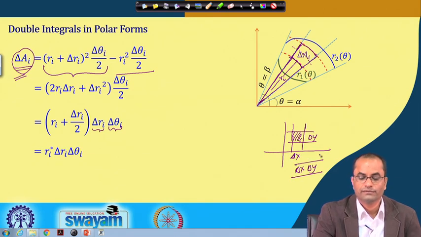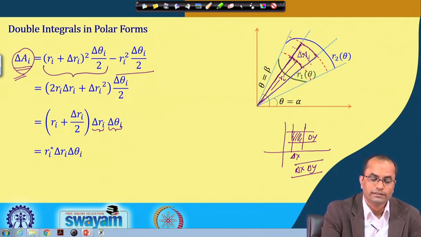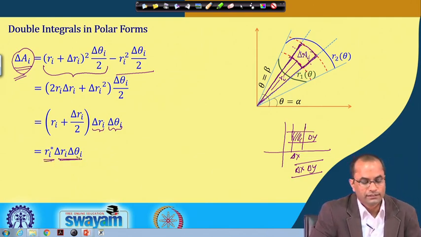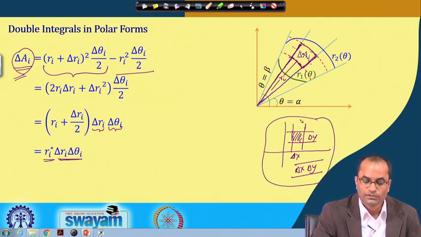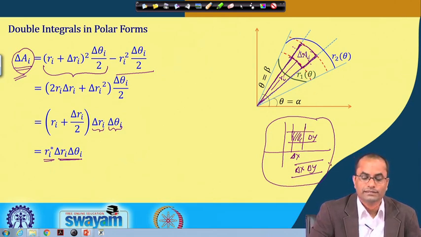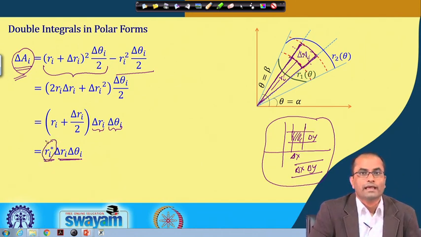But in this case, when we are talking about the polar coordinates, the area of this region in this domain, delta A_i, is r_i star times delta r_i delta theta_i, while in the Cartesian coordinates it was simply the product of the increments we have made in the direction of x and in the direction of y. So, here one additional factor r_i has appeared.